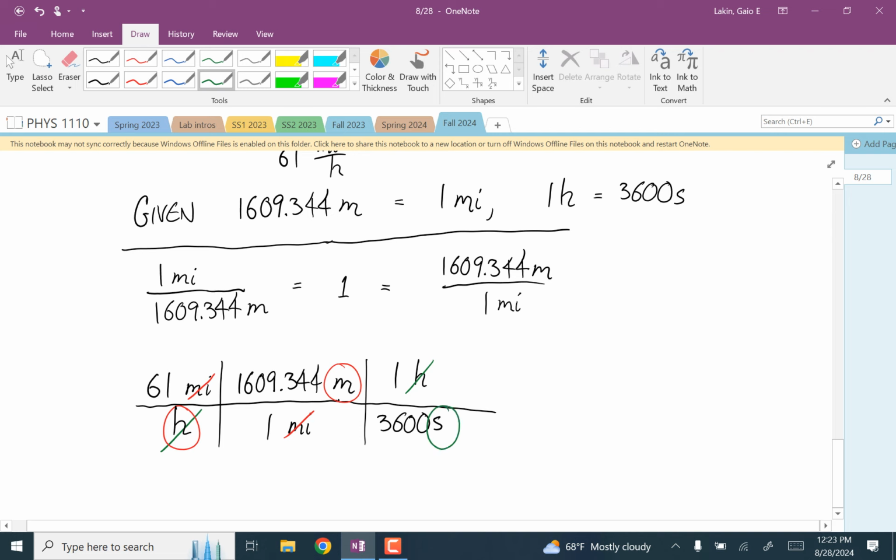And the units we have left are meters in the numerator and seconds in the denominator. And so now we know all we have to do is multiply and divide out the numbers. And if you multiply that out, you get about 27.26 meters per second. Any questions on that one?